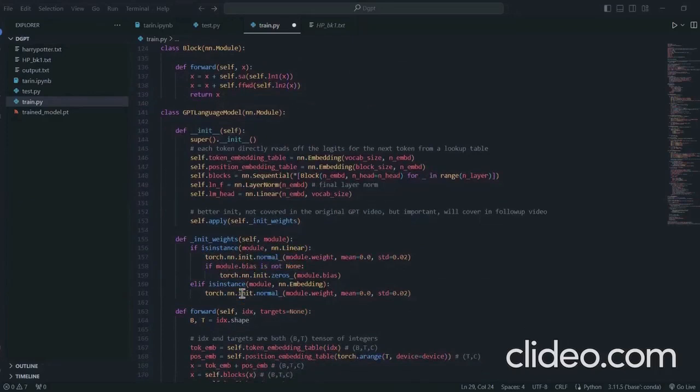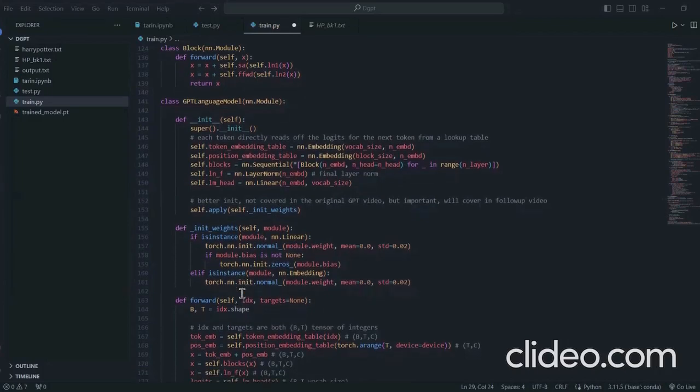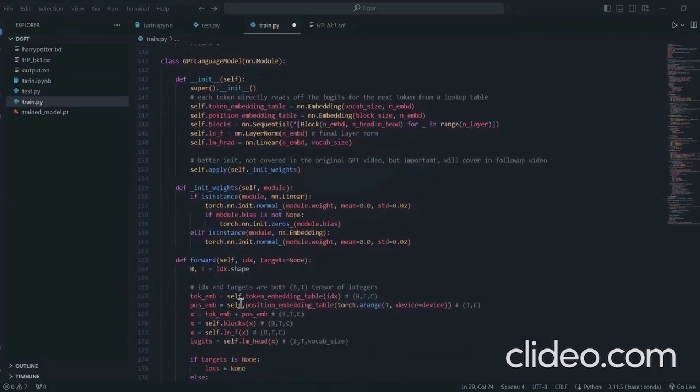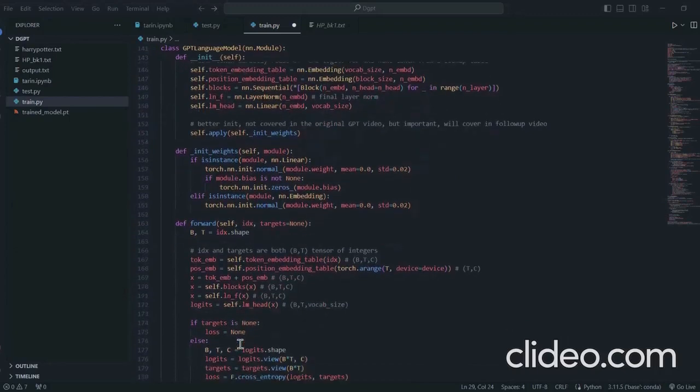In the initialization method, the model's parameters are initialized following the best practices for transformer architecture. The forward pass method takes input indices and optional target indices. It computes the logits for the next token using transformer blocks and returns them.